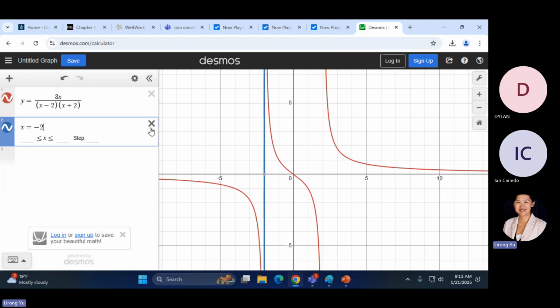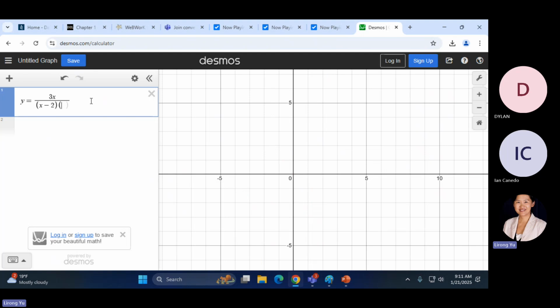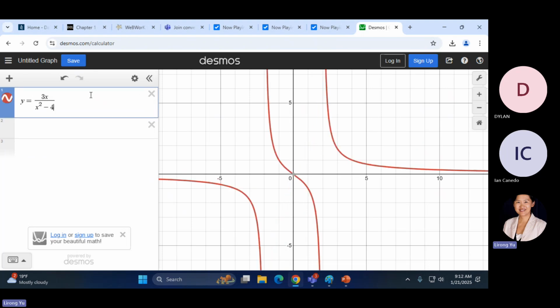If we compare the graphs here, what we can see is 3x over x squared minus 4, the graph that we had before.